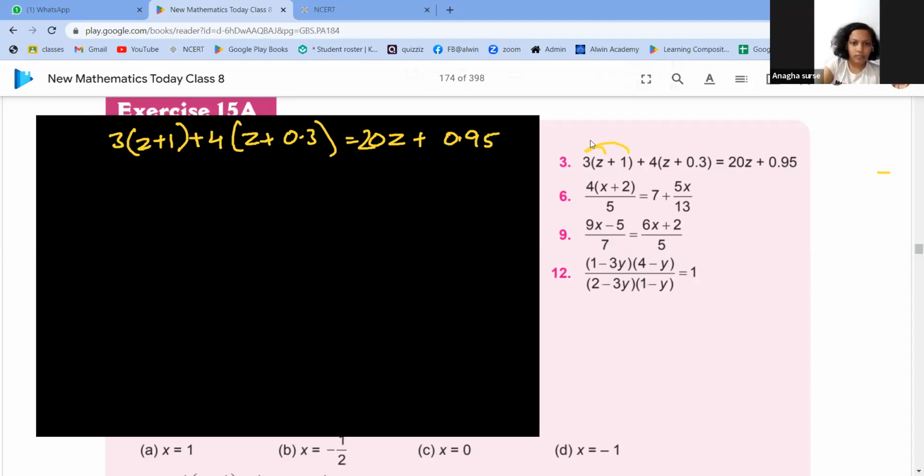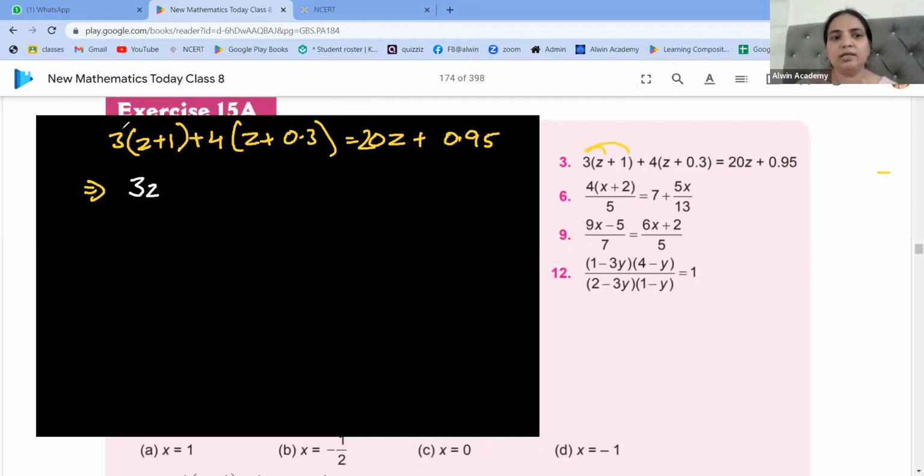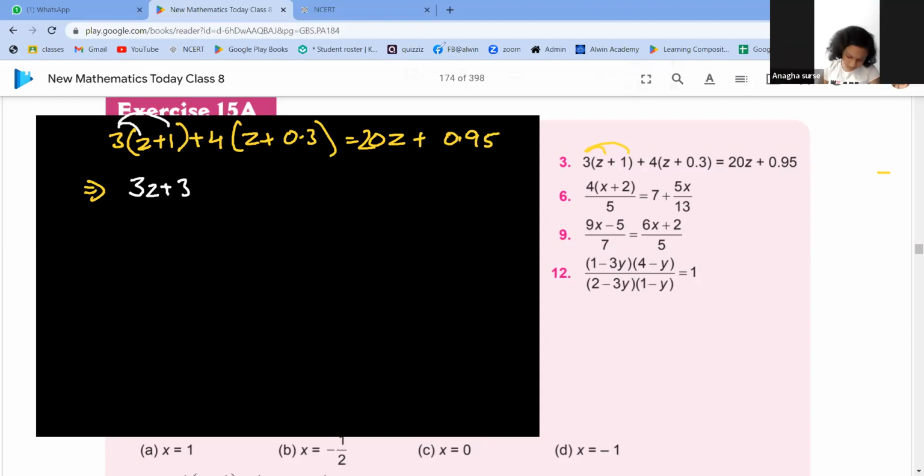Okay, clear? And now I'll start doing the question. This implies now I'm multiplying. 3 times z is 3z. 3 times 1 is 3. Right?